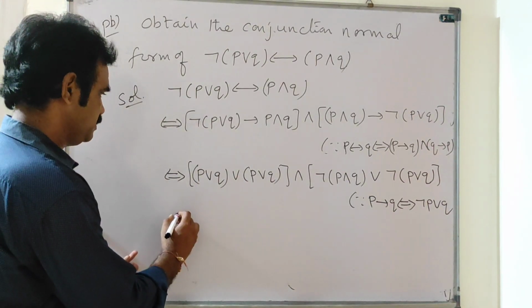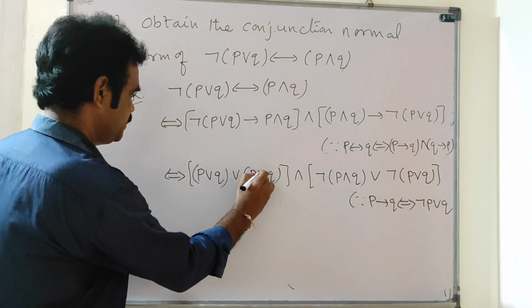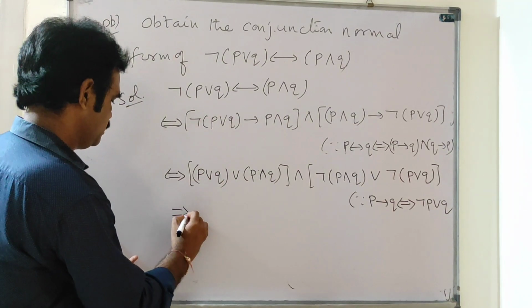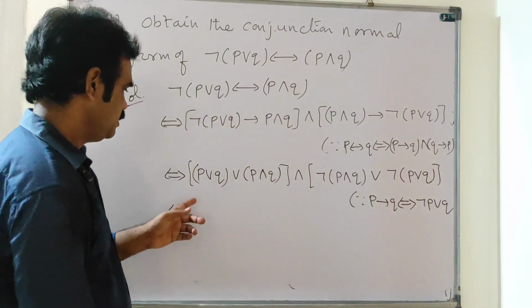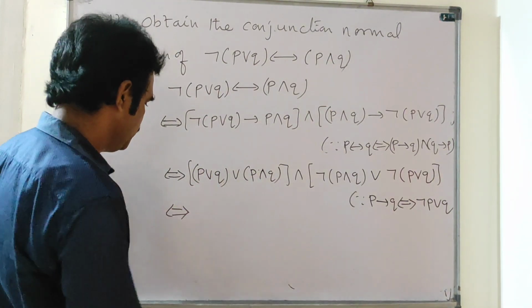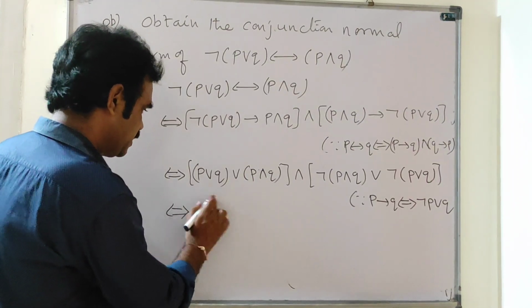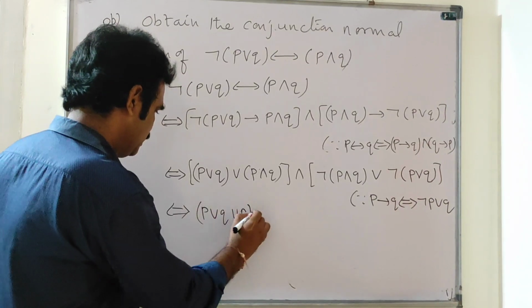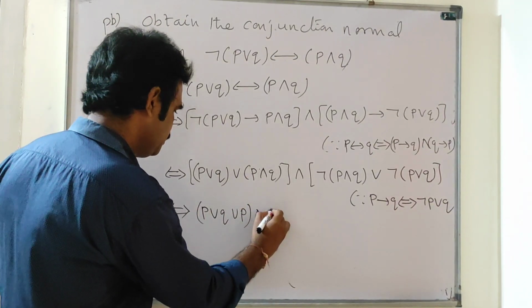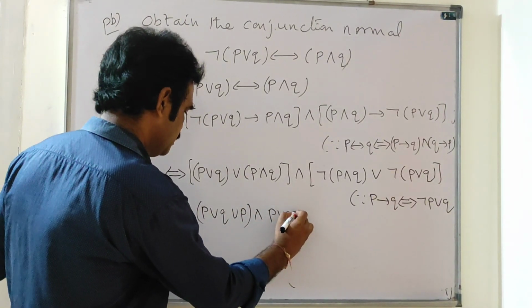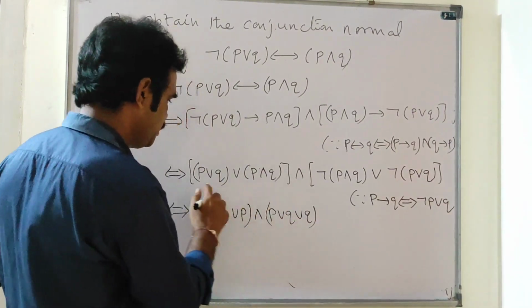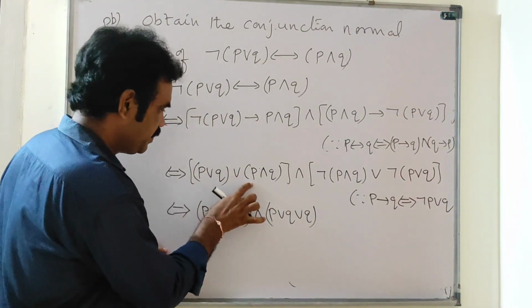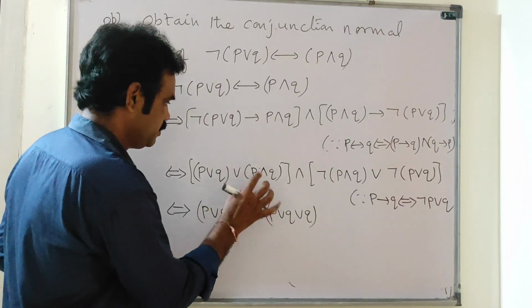Now this is P and Q. Okay. Now by distributive law, this can be written as P or Q or P and P or Q or Q. By distributive law, okay.